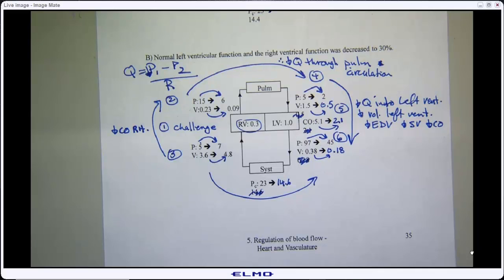How is that going to affect the compartment before it, and why? Any thoughts on that? Yeah. Circulatory filling pressure, yep.